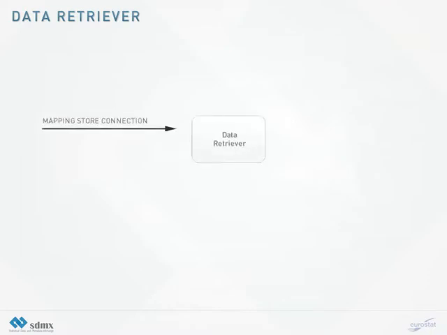The connection string to the mapping store database is provided to the data retriever as an input parameter. And the SDMX ML query represented in the internal SDMX data model is provided to the data retriever as an input parameter.